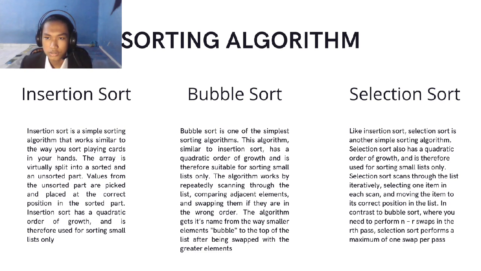Selection sort can sort a list iteratively, selecting one item in each scan and moving the item to its correct position in the list. In contrast to bubble sort, where you need to perform n-1 swaps in each pass, selection sort performs a maximum of 1 swap per pass.